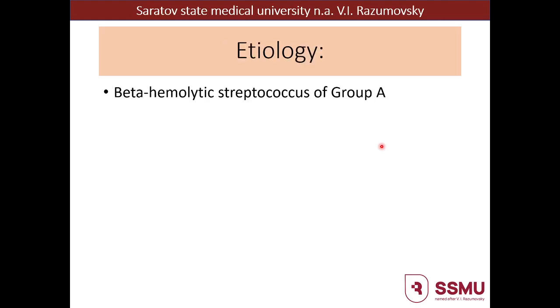Etiology of rheumatism is beta hemolytic streptococcus, and I hope you remember about this microorganism from your microbiological department, that this microorganism has special antigens on their surface, and these antigens have a cross autoimmune reaction with antigens on our connective tissue, over our vessels, and so on.